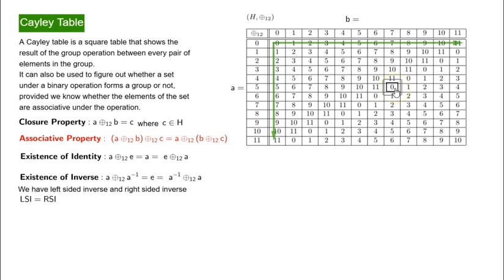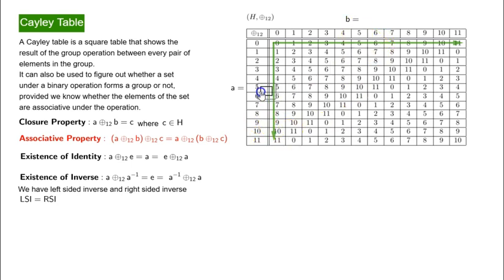What is the inverse of 7? You go to 7, keep going till you reach the identity and see what it is. So 5 is the inverse of 7. Like that, you will notice that every element has its inverse.